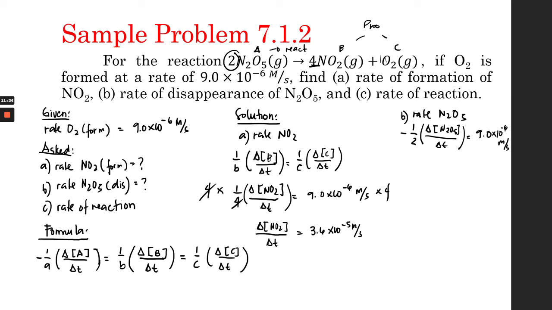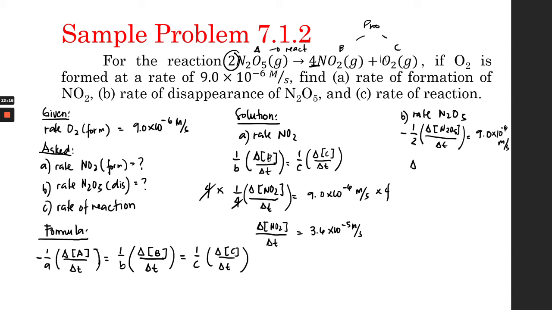As you can see here, as the reaction happens, as 1 mole of oxygen is being formed, 2 moles of N2O5 disappear. What that means is that N2O5 disappears 2 times faster than O2 is appearing. So from here, we just have to multiply both sides by 2 to cancel that. We have to multiply by negative 2, because we want this to be negative since N2O5 is disappearing.